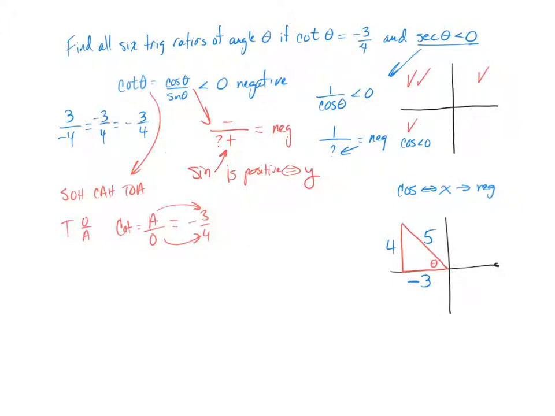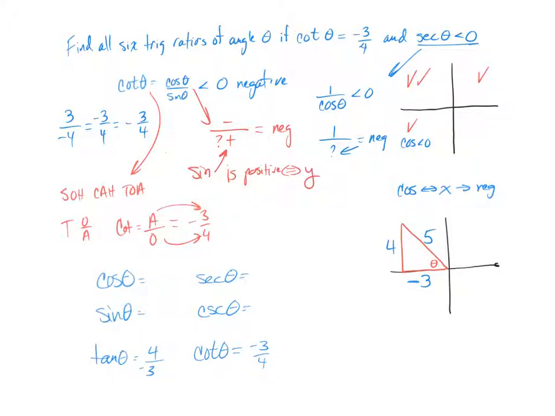We already know that the cotangent is negative 3/4. All right, so we put a negative 3/4 there. That means its reciprocal, the tangent, is going to be 4 over negative 3, or negative 4/3. We need the sine, and we need the cosine. As soon as we get those, we'll know what the secant, cosine's reciprocal, is, and the cosecant, the sine's reciprocal.